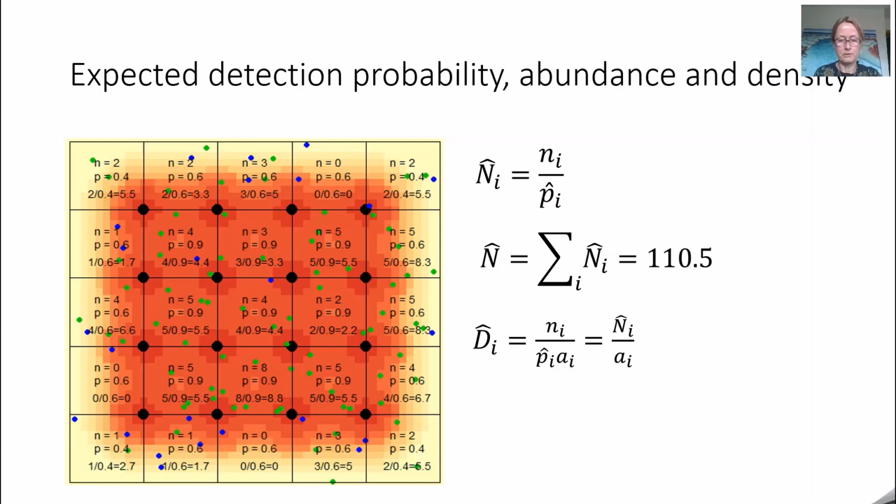And density in each region is the number of observed animals in the region, little ni, divided by the probability of detection, pi, divided by the size of the region, ai, which is 500 meters by 500 meters.